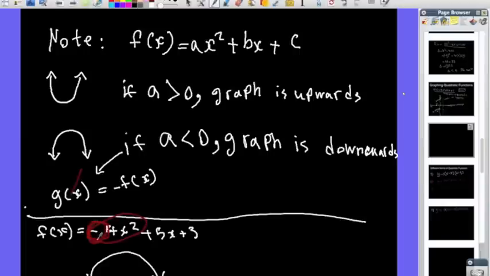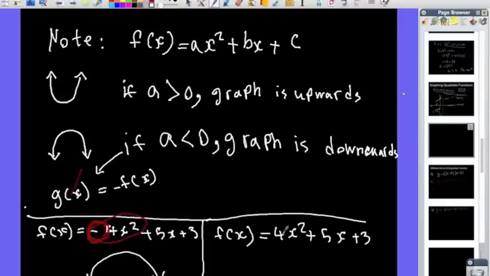Can you see the negative sign? Yeah. Though if f of x equals 4x squared plus 5x plus 3, we see that there are no negative points here. A is greater than 0, so the graph would be upwards like this. I hope it's clear.